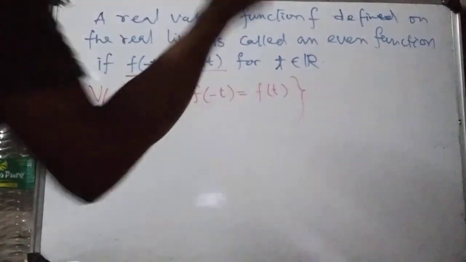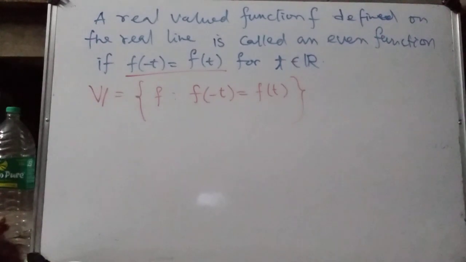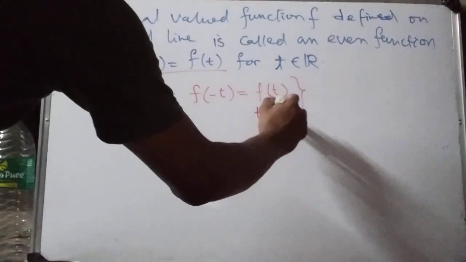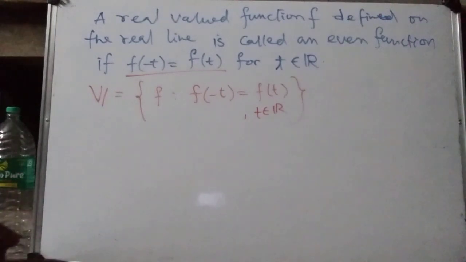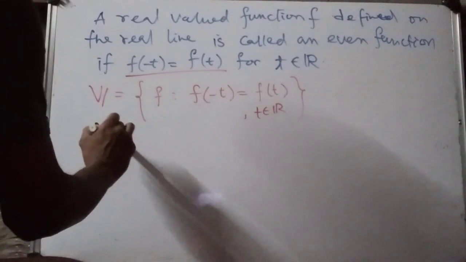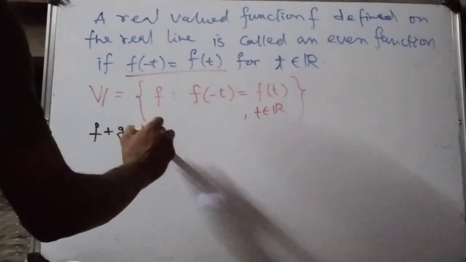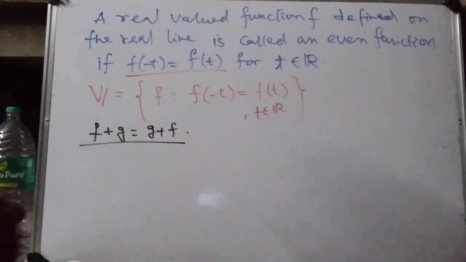Then t belongs to R. We talk about how this is a vector space. How this one is a vector space we also discussed today: f plus g equals, in a similar way, g plus f, not a problem at all.